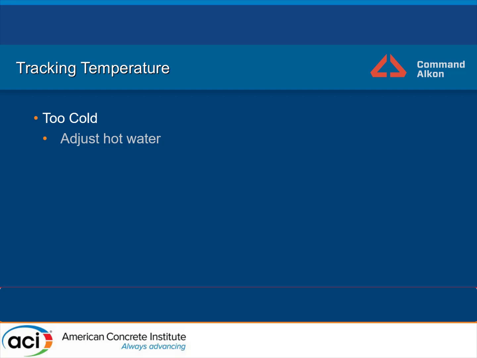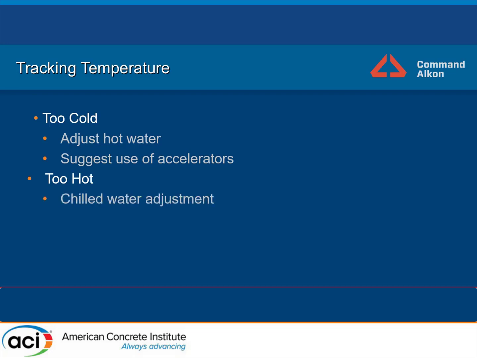And when it was too cold, I could bring in the hot water content, and also suggest accelerators or non-chloride accelerators to the customer if he's worried about set time. If it's too hot, which is what I have to deal with now in North Dakota or in Texas, it's a bigger difference. We have chilled water systems and ice, so we can make an adjustment of our chilled water.